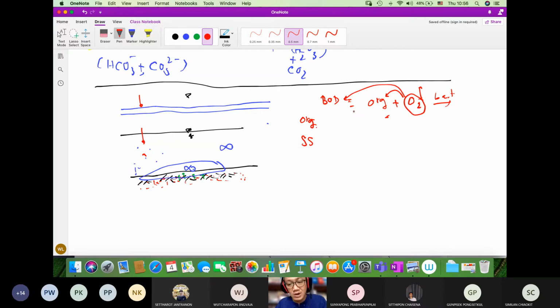So BOD normally means the oxygen equivalent to the organic substance, and the higher the organic substance, the higher the BOD value. So the higher degree of contamination means a higher BOD value.